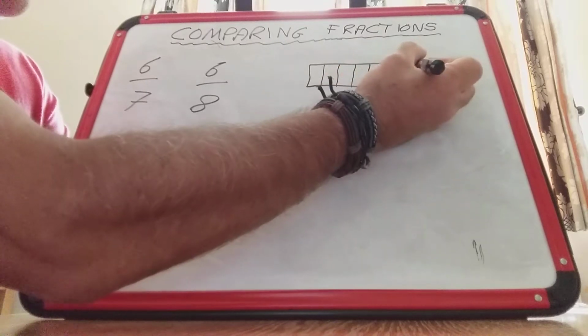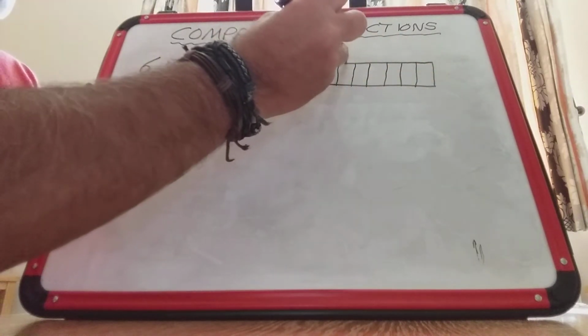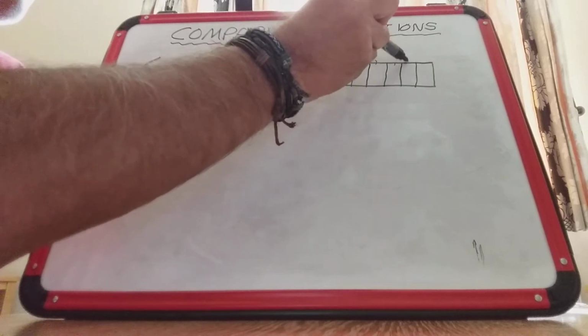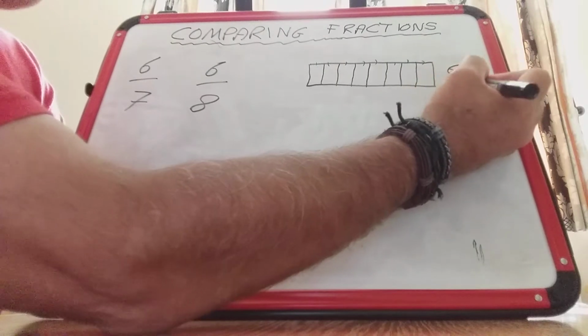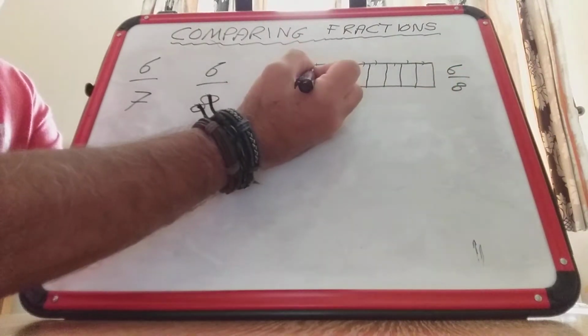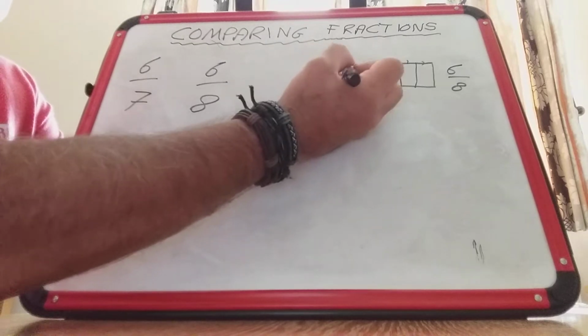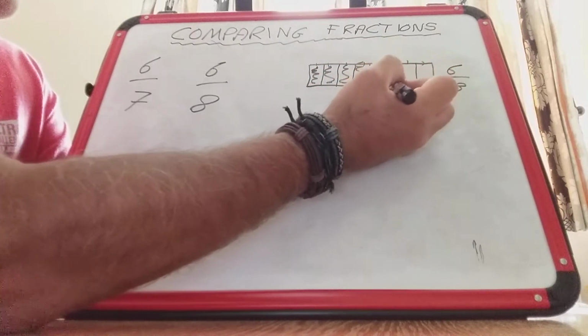Just to check, we've got 1, 2, 3, 4, 5, 6, 7, 8. We want to represent 6/8, so that's each one of those 1, 2, 3, 4, 5, 6.